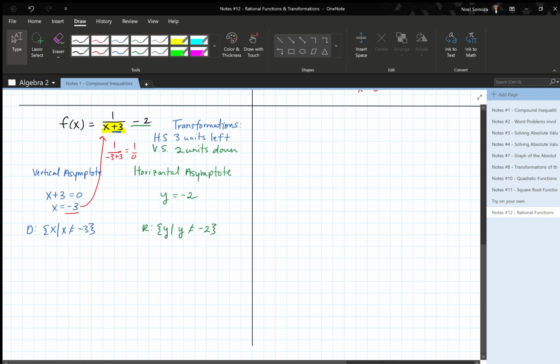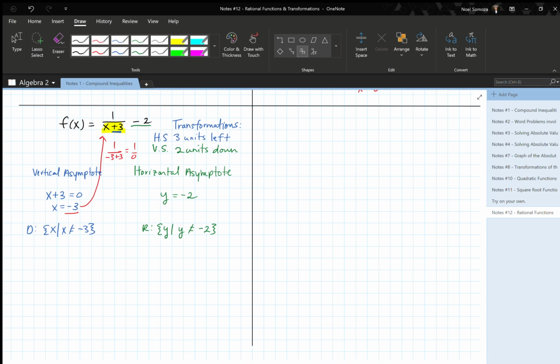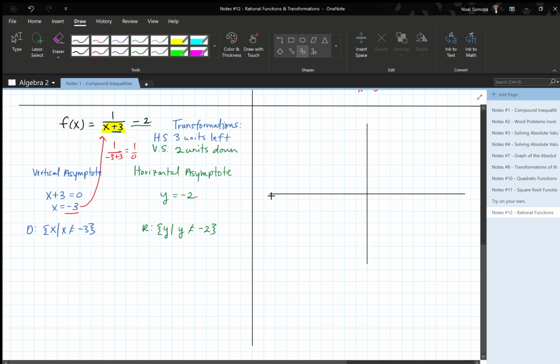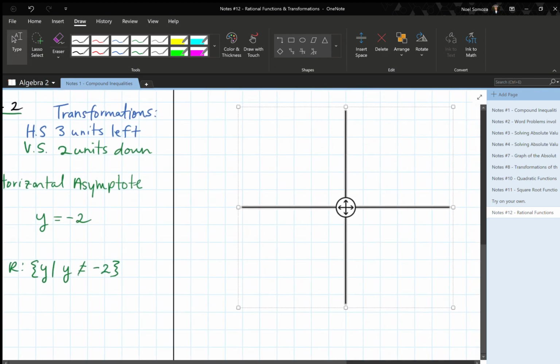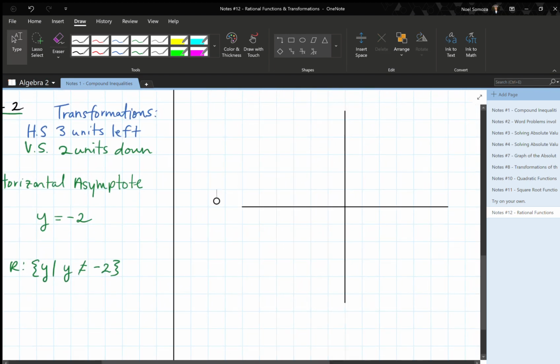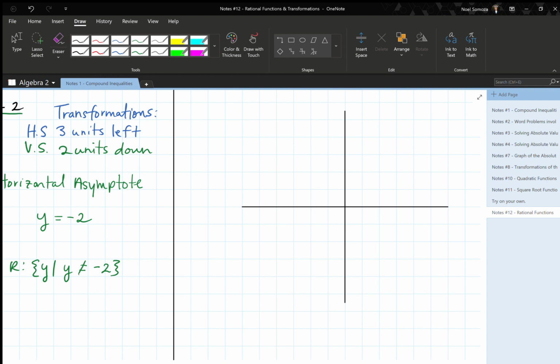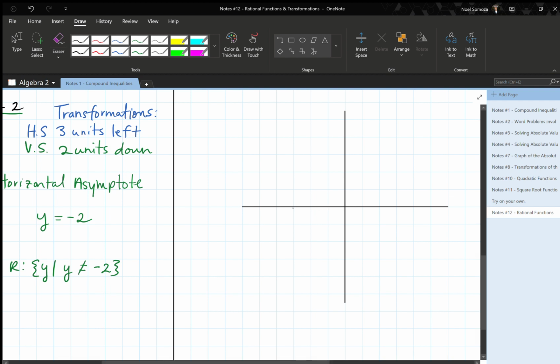Okay, so I'm going to start drawing that foundation. On the xy plane, I'm going to draw the vertical and horizontal asymptotes first. So let's do the vertical asymptote in blue. At negative 3, 1, 2, 3, negative 3 here, there will be a vertical asymptote there.